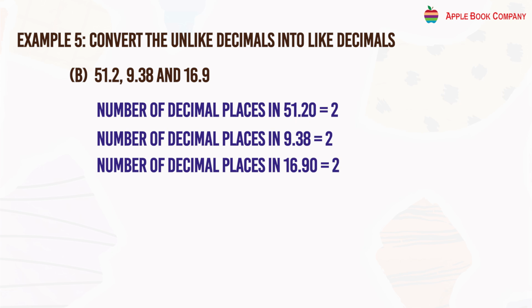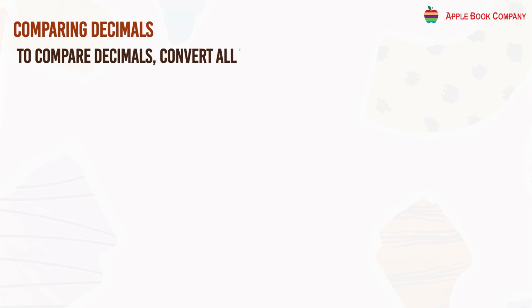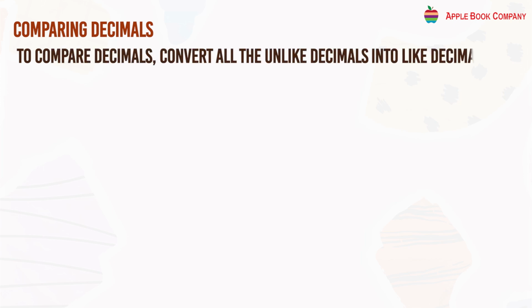So, we put a 0 at the extreme right of 51.2 and 16.9 and write them as 51.20 and 16.90. Unlike decimals, 51.2, 9.38, 16.9. Like decimals, 51.20, 9.38, 16.90.